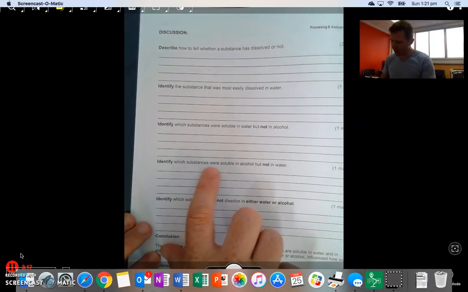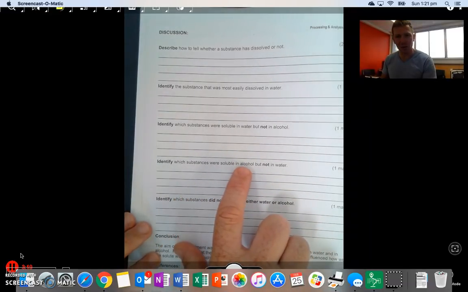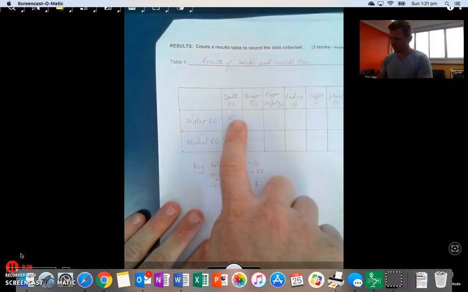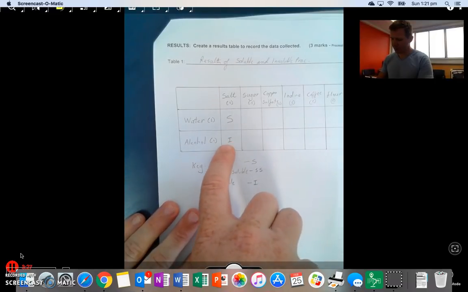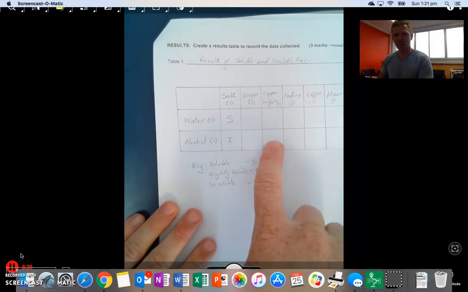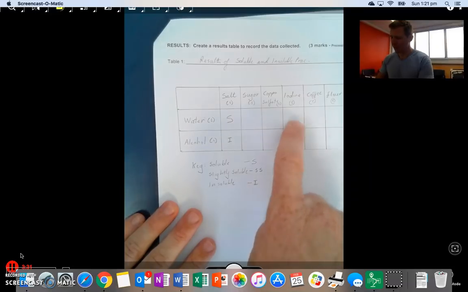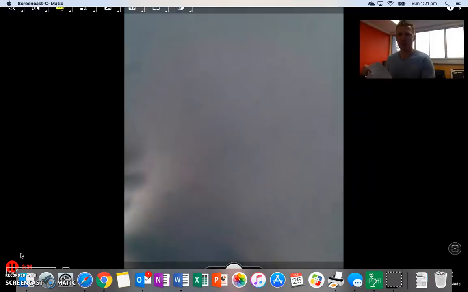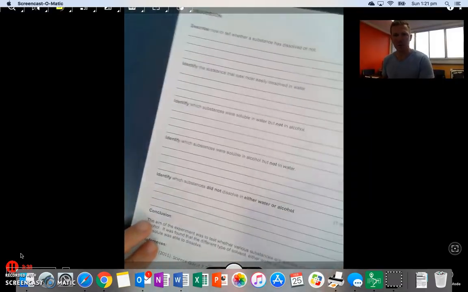Identify which substance was soluble in alcohol, but not water. So we come back here. Well, it's not that one. Because it was insoluble, we find something that was soluble in alcohol, but insoluble in water. Then you write them down. There might be 1, there might be 2, there might be more.